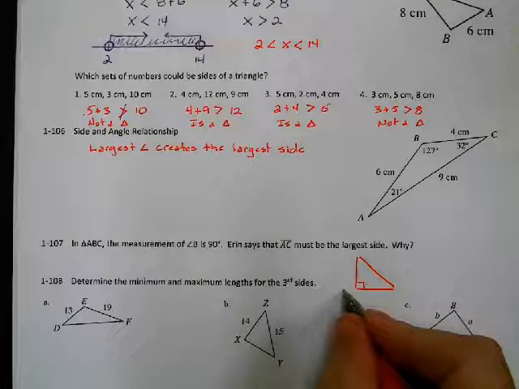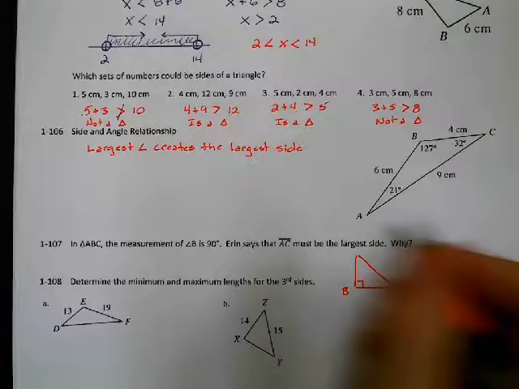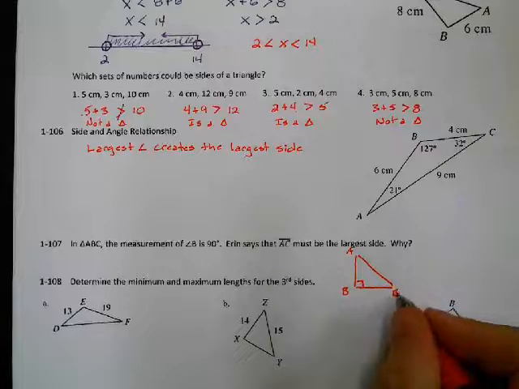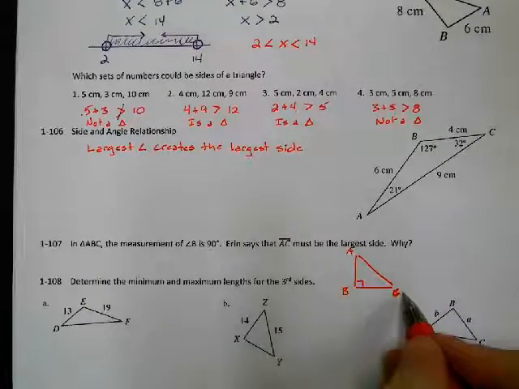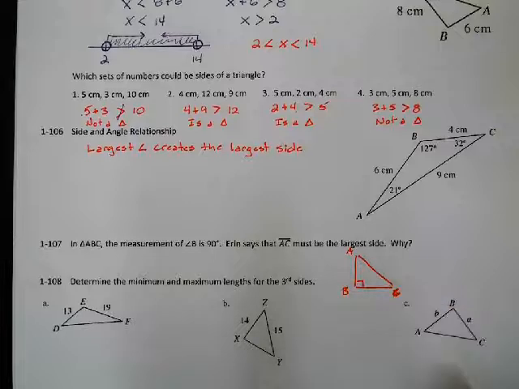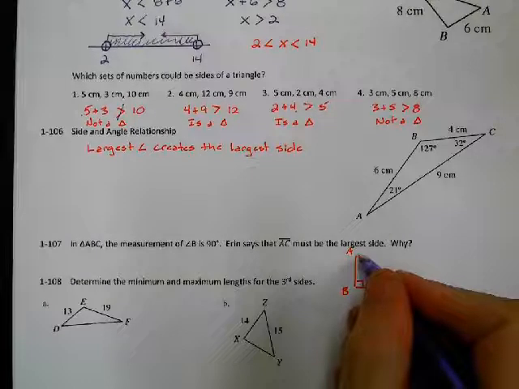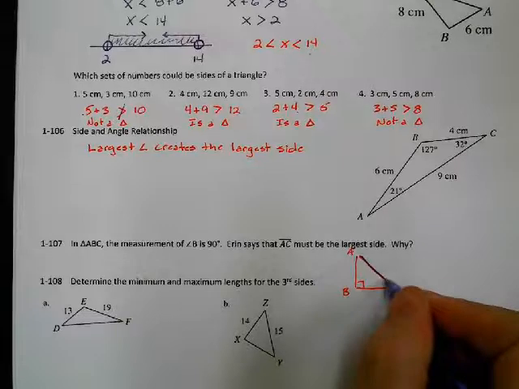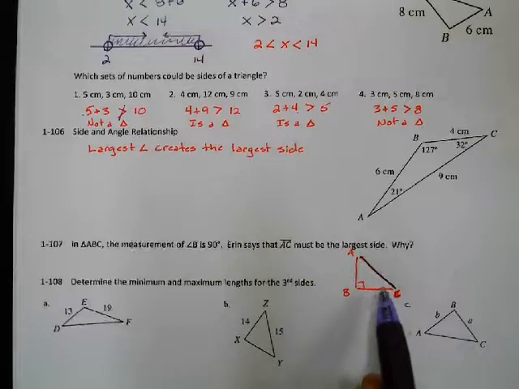So we're looking at triangle ABC. Now Aaron's saying side AC, that's this side over here. Aaron's saying that is my biggest side, no matter what. It's got to be. And you know what?